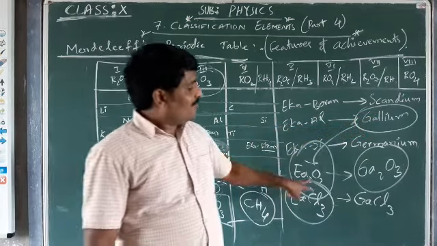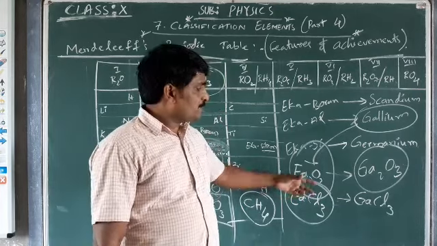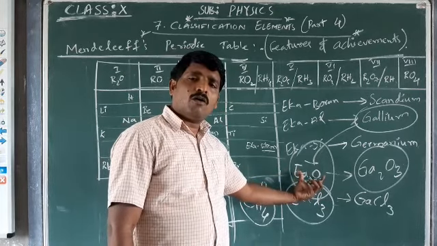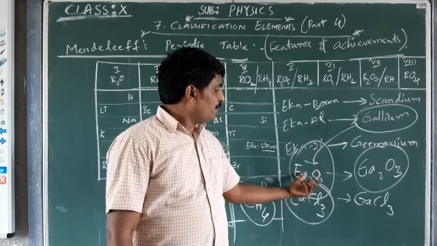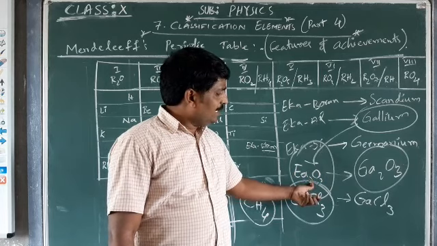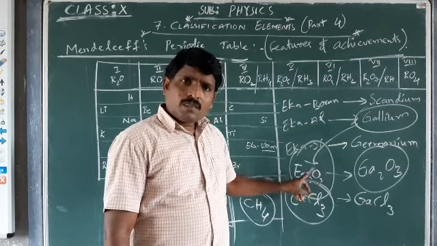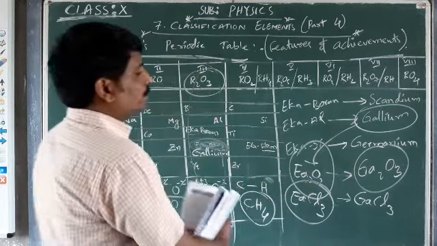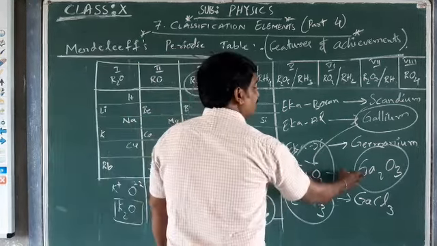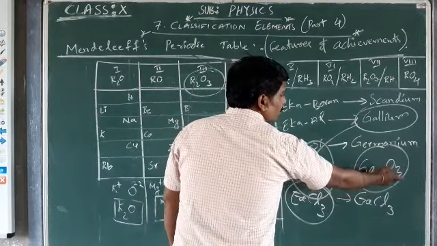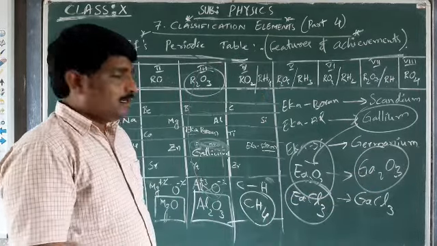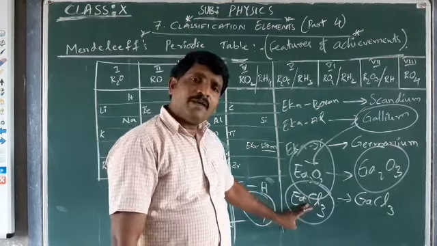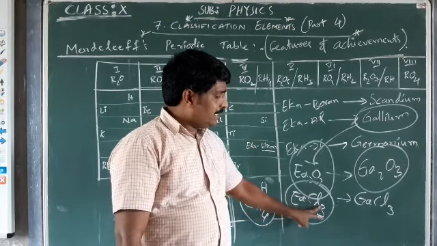Whenever it reacts with oxygen, the Eka oxide should be in the form of E2O3, and gallium will be in the form of Ga2O3. If it forms chlorides, that is EaCl3.